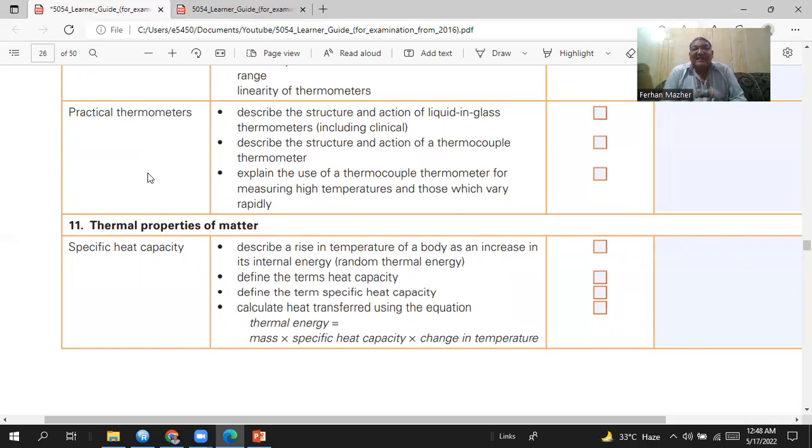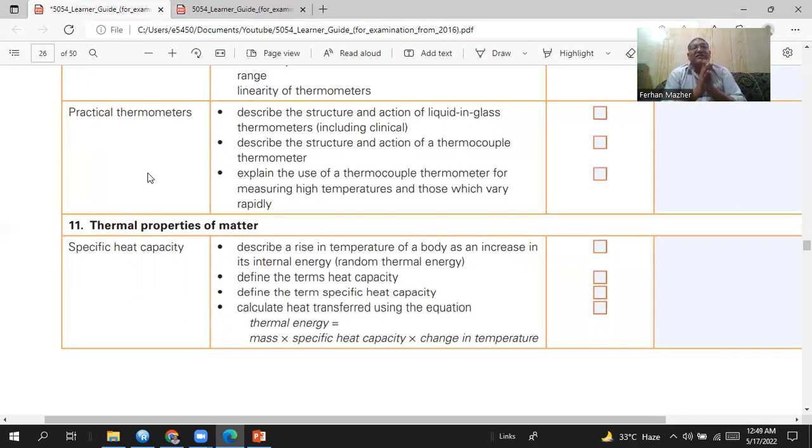It does not let the mercury come back immediately. So the doctor, nurse, or anybody who is measuring the temperature will have some time to read that thermometer. And then you must have seen that they give a jerk to the thermometer, and then the mercury will come back through that constriction. So the purpose of that constriction is that it does not let the mercury come back immediately.